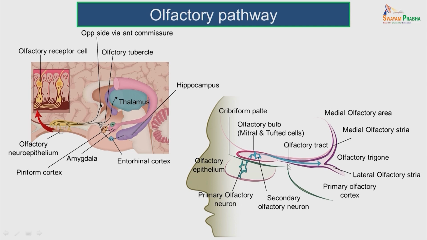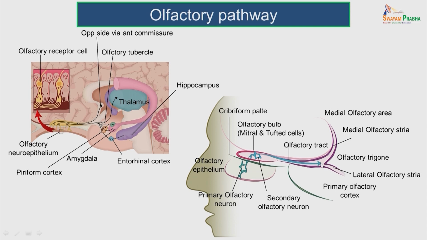From here they form the olfactory tract. This is the primary olfactory neuron. What we see in the bulb is the secondary neurons. The nerve fibers form the olfactory tract. After this it is divided into the medial olfactory stria and lateral olfactory stria.